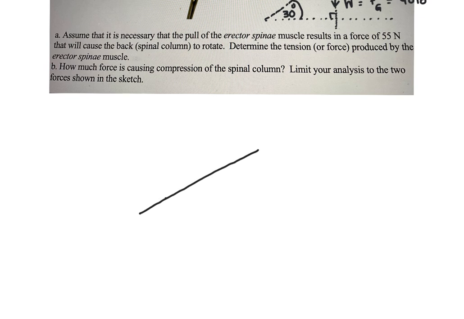This black line is the spinal column, and that is Fe, the force on the erector spinae muscle, and W, straight down, is the weight given to us of the body. Then I draw the horizontal line like that and mark the angles. This is a 30 degree angle, and this angle is given to us as a 12 degree angle.